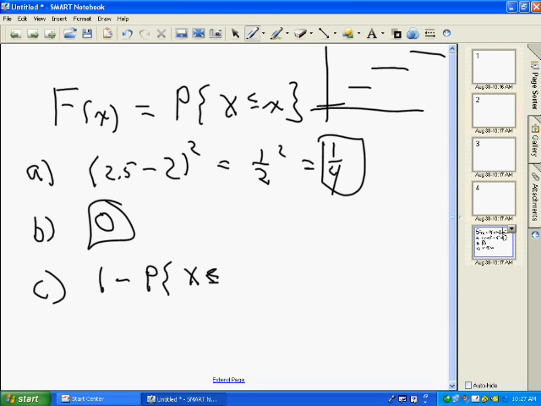I'm sorry, that should be simply less than 2.5. Of course, if it's continuous, it doesn't matter whether it's less than or less than or equal to. Same difference as long as it's continuous. So that's equal to 1 minus a quarter.